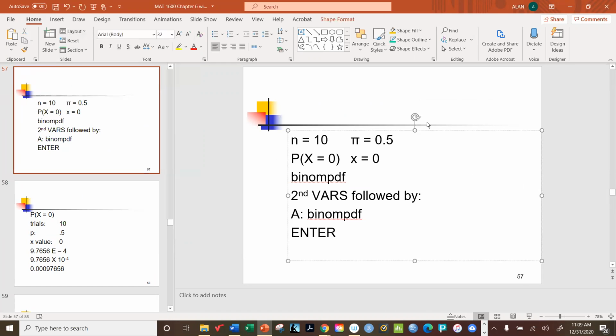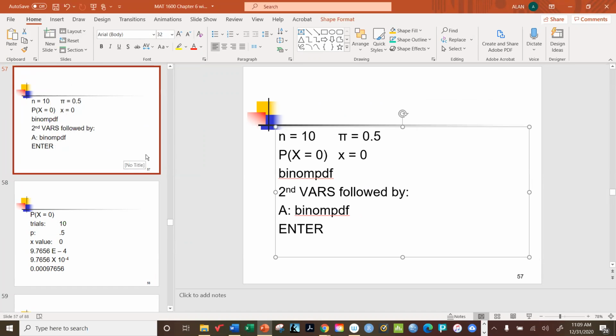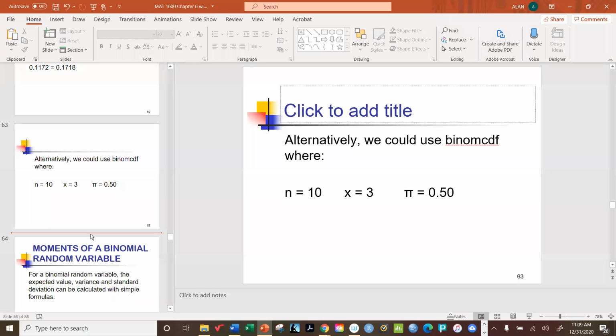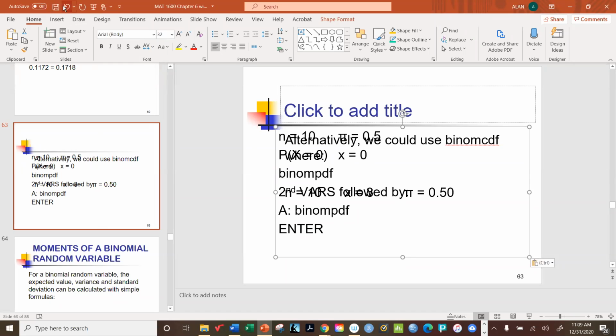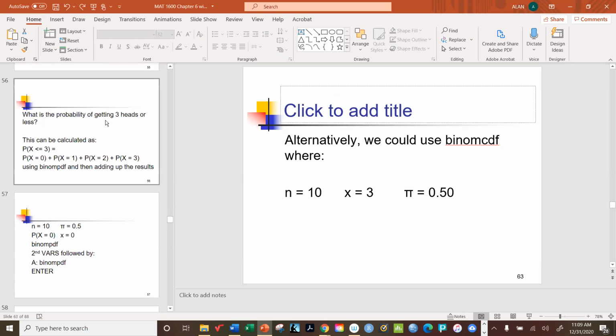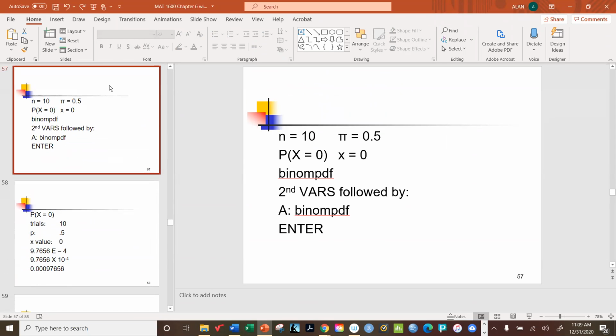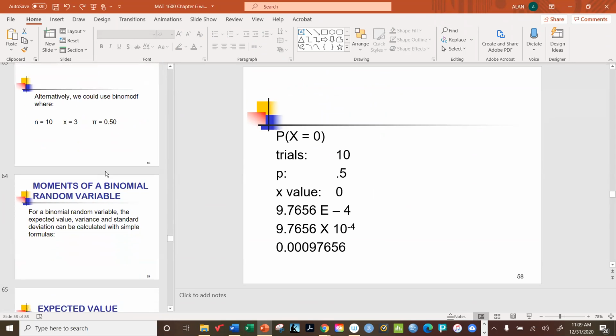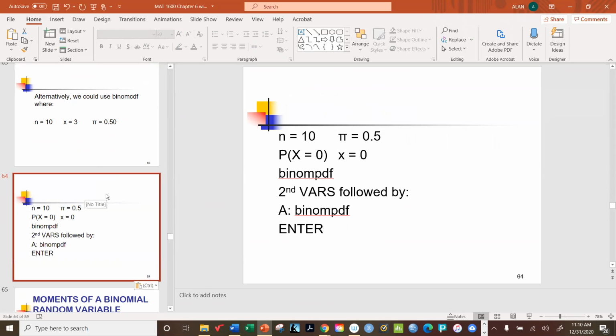Remember, the C stands for cumulative, which helps remind you that this is less than or equal to. Now x is 3.